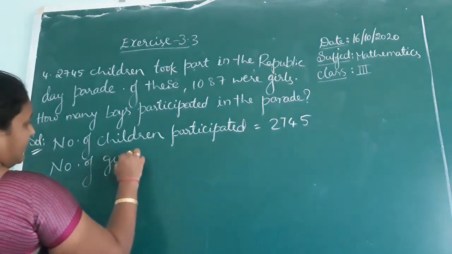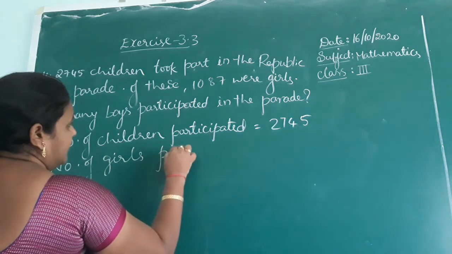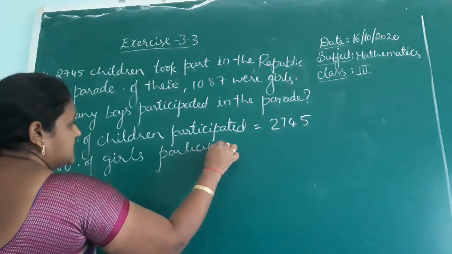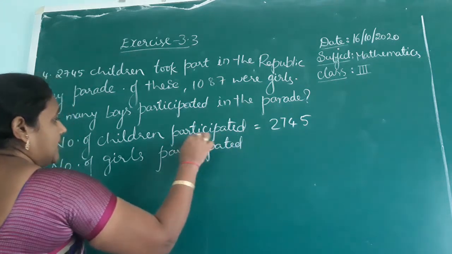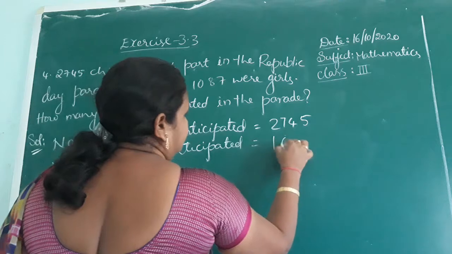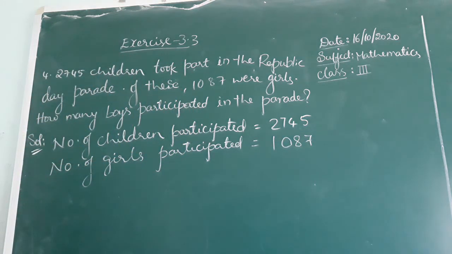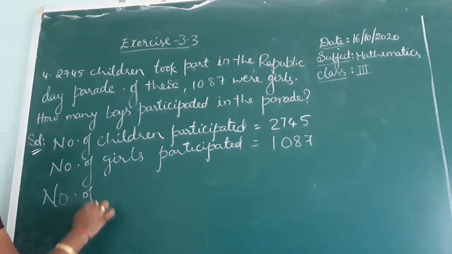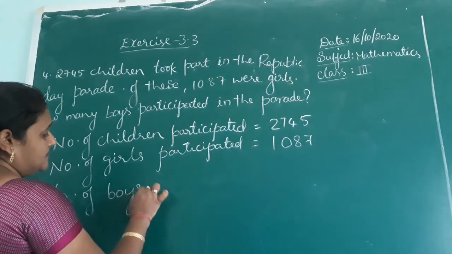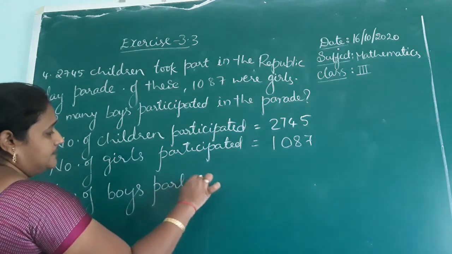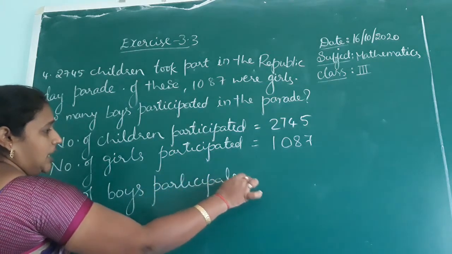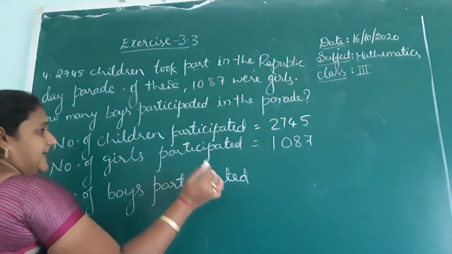How many girls participated? 1087. The question is, how many boys participated in that parade? So what do we have to find? The number of boys participated in the parade.